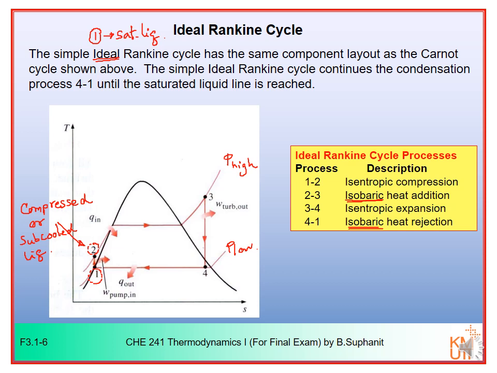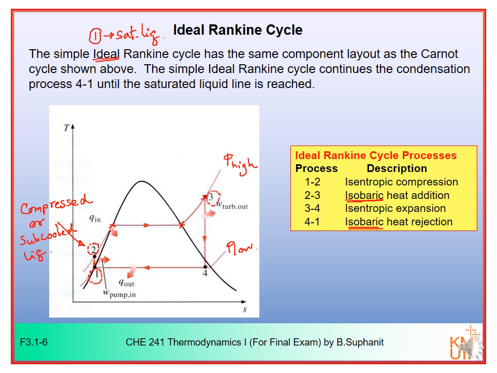Okay, and after that the subcooled liquid will enter the boiler where it has a temperature change to the sat liquid and undergoes phase change to sat vapor, and then has a temperature change to the superheated vapor at number 3.